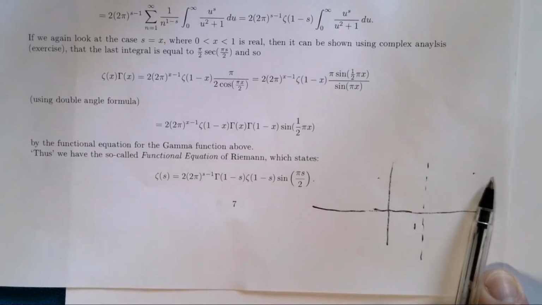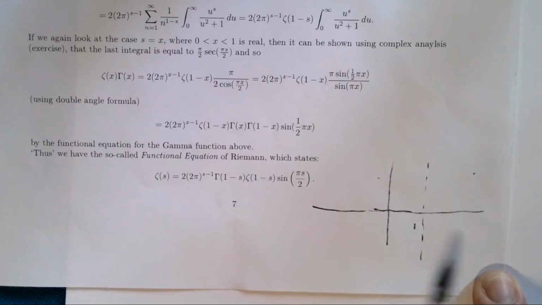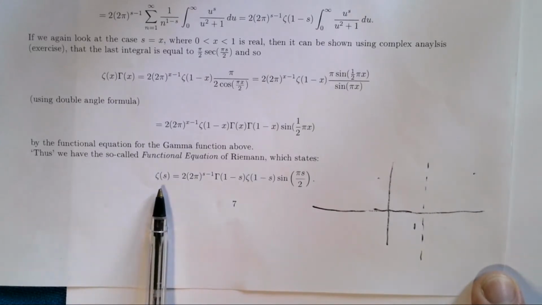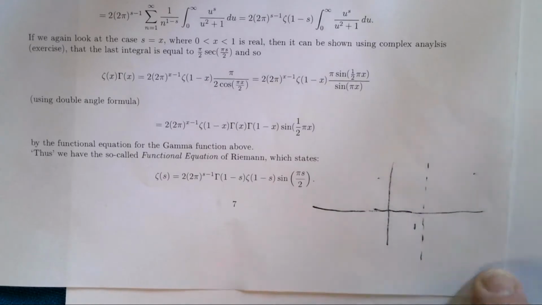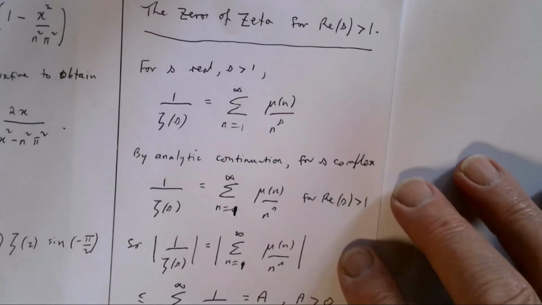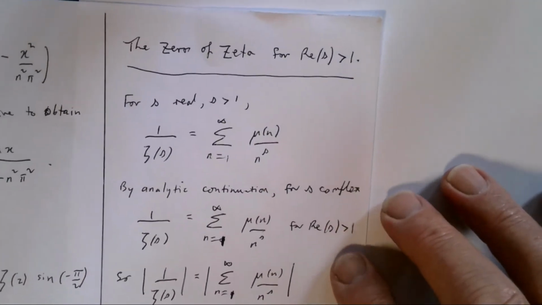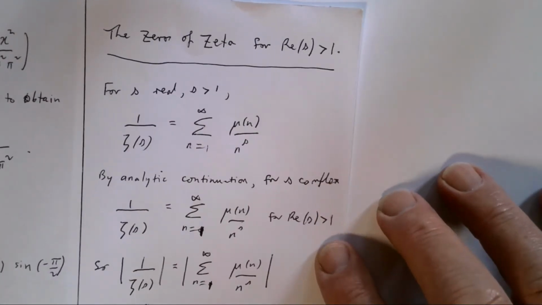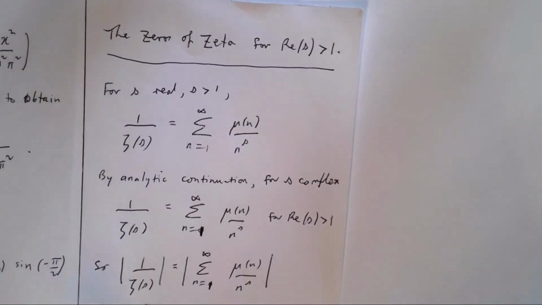That is, if the real part of s is bigger than 1 anywhere in the complex plane, zeta is never 0. Now there are many little proofs of this, some of them more complicated than others. I've come up with this one, which is probably well known, but it's a very simple demonstration that it can't be 0 there.